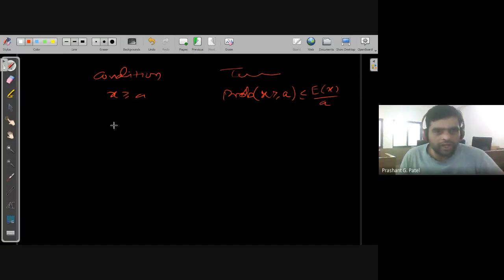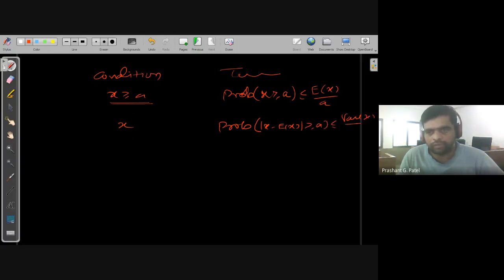For the Chebyshev inequality, x is anything; there is no condition on x. Here you have the probability of mode of x minus expected value of x greater than or equal to a is less than or equal to variance of x upon a square.